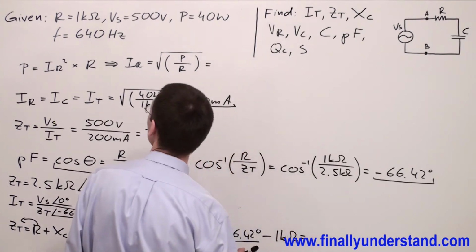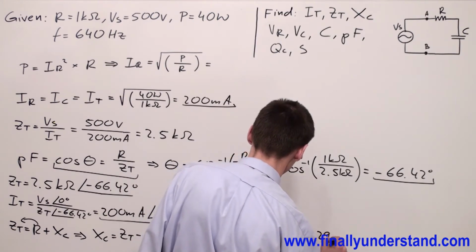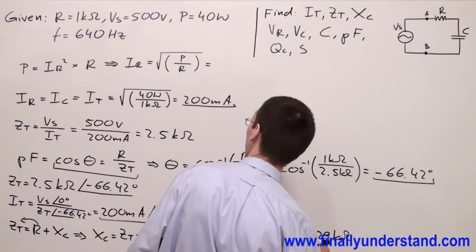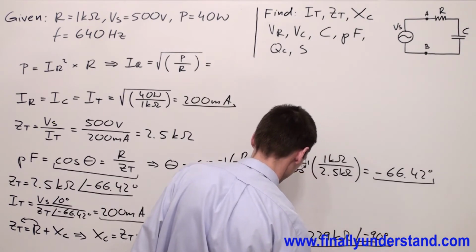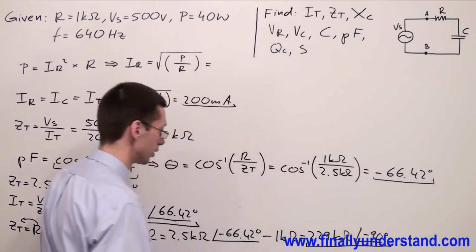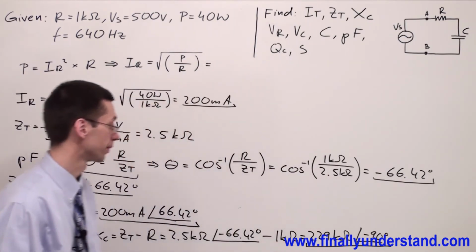So X of C is equal to 2.29 kiloohms and angle of negative 90 degrees. Okay, so this is the value of X of C.